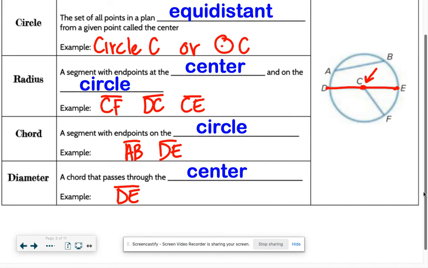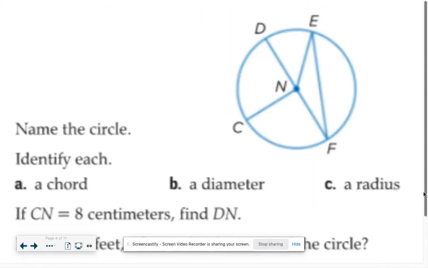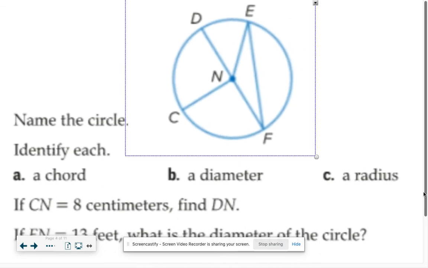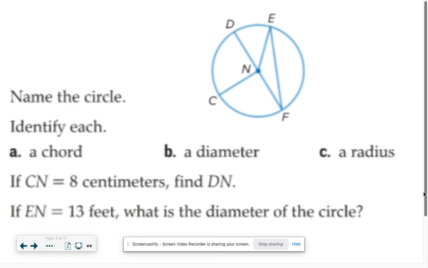Okay, let's practice naming some of these things on a different example. Let's see if we can shrink this a bit. Okay, this should do. Name the circle. Remember, you name it by its center. So you could say circle N, or the circle with a dot in the center, N. A chord, you have some options here.